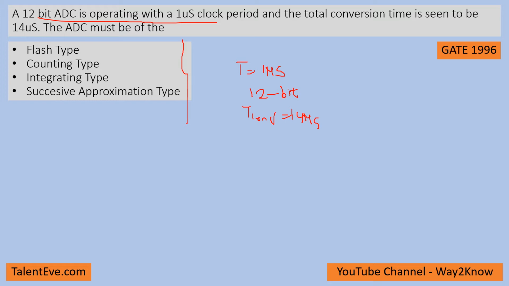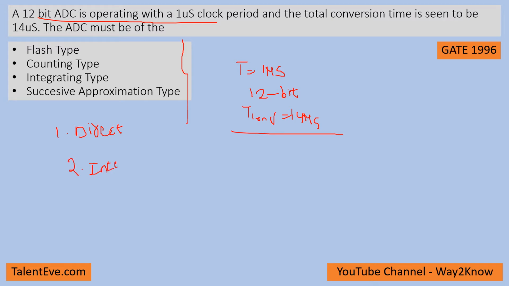Now, one small thing here is, first we need to know what are the types of ADCs, and then how is the conversion time, the construction and all. So to put it simply, there are two types of ADCs. One is direct conversion, and the second one is integration type ADCs.